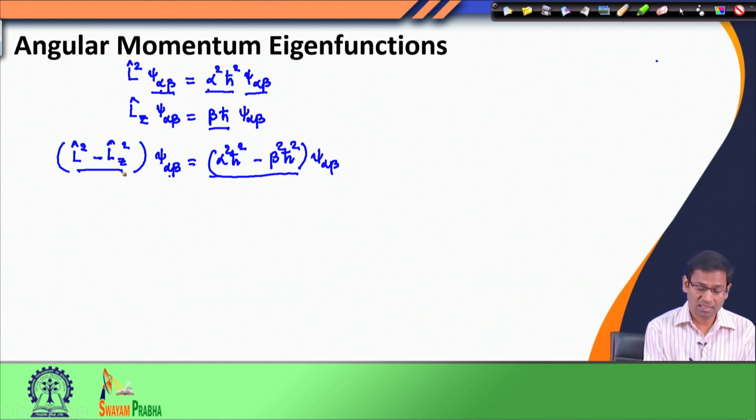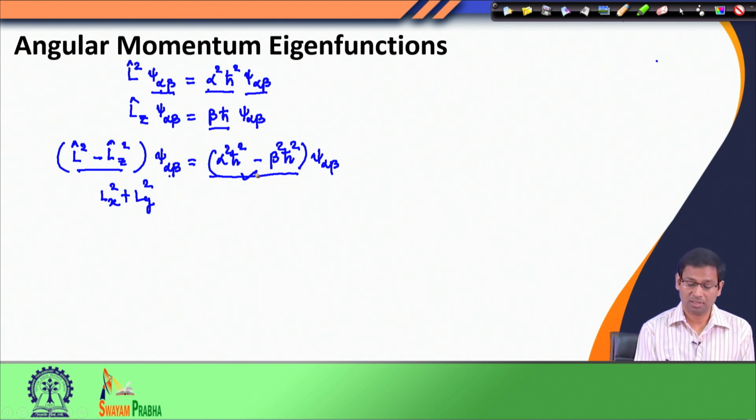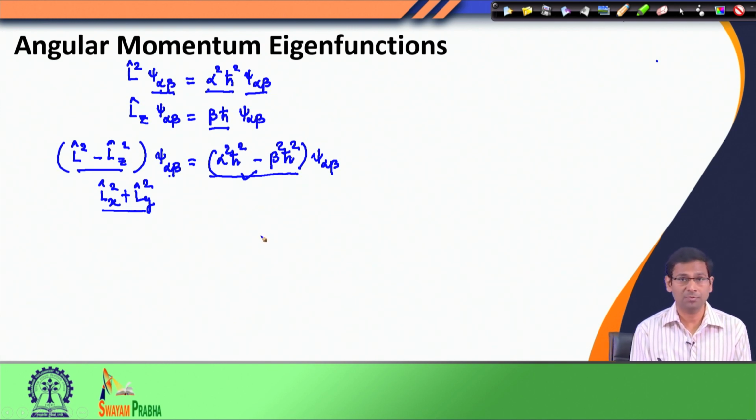But when I look at this operator, I know that L square minus Lz square is simply Lx square plus Ly square. So this eigenvalue is actually the eigenvalue of the Lx square plus Ly square operator. I know Lx and Ly are Hermitian operators, so their eigenvalues are going to be real, positive or negative.